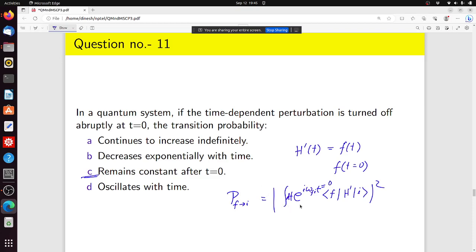Then what will happen? Previously it was a function like an exponential function, right? Now suddenly t equal to 0, so the probability will decrease, right? Is there a probability of this transition if this perturbation H prime is 0?